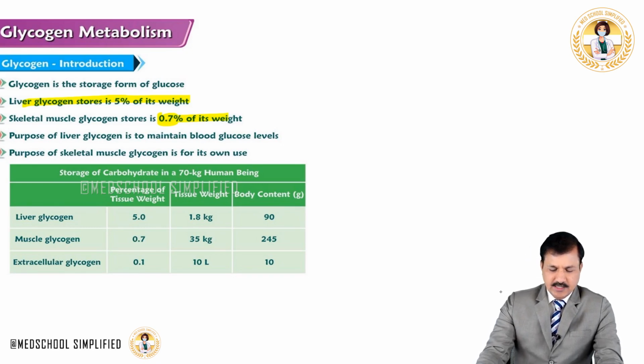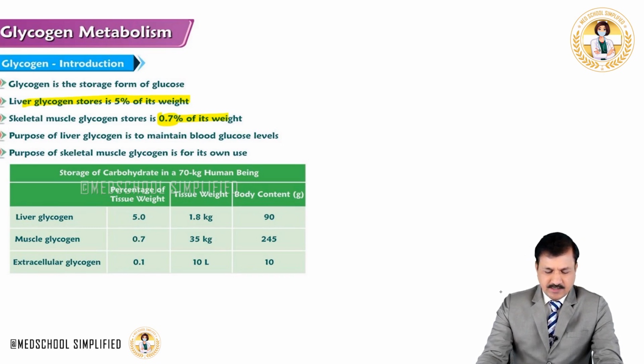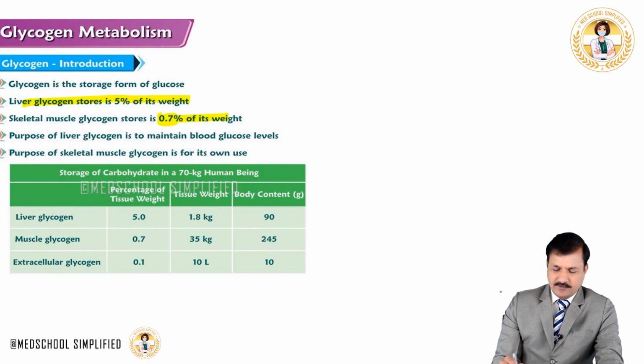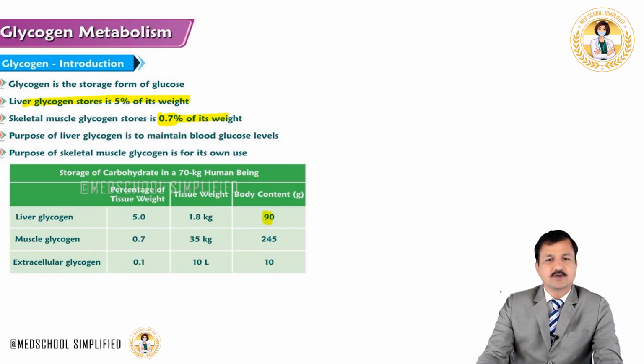But note that although liver glycogen is 5% of tissue weight, the tissue weight is only 1.8 kgs. That's why the content of glycogen in the liver is 90 grams.